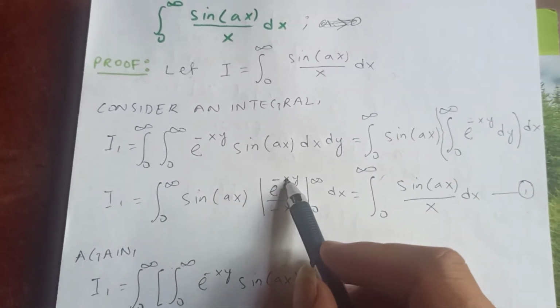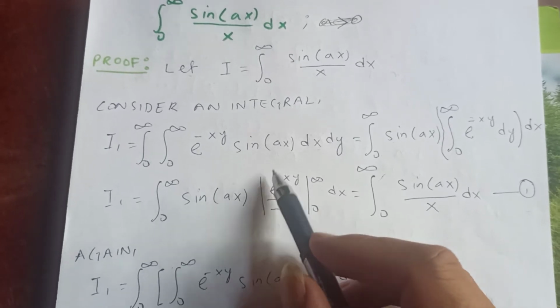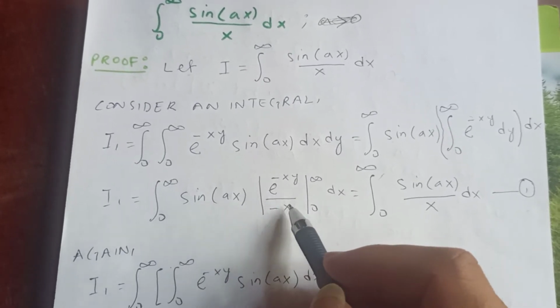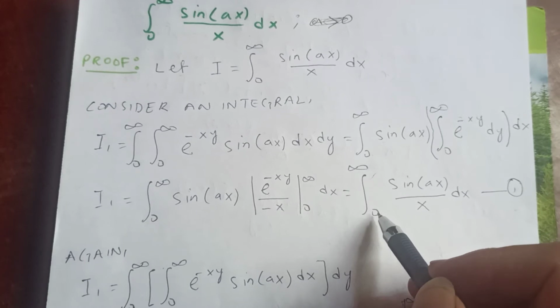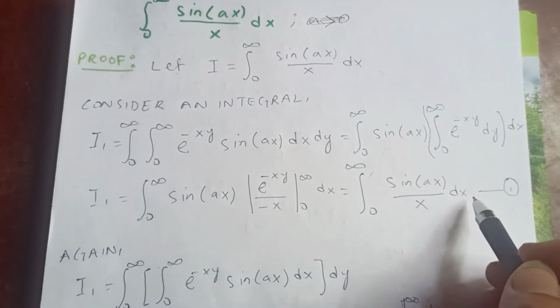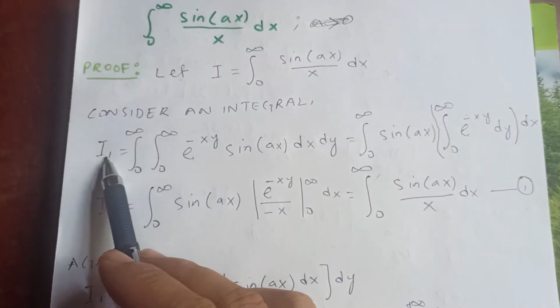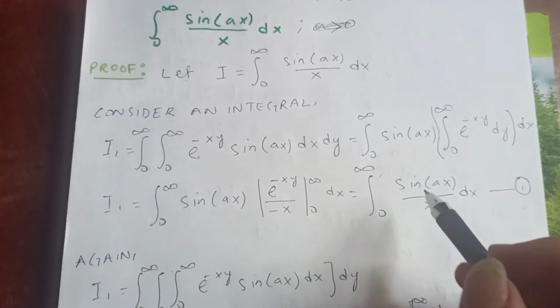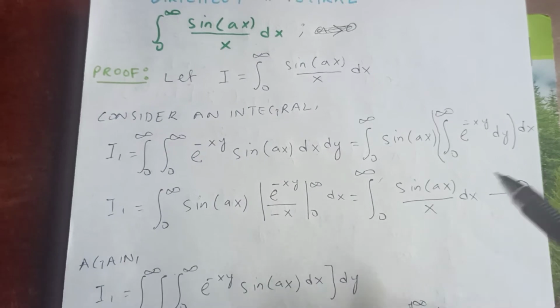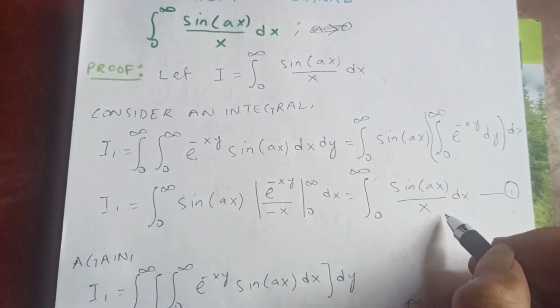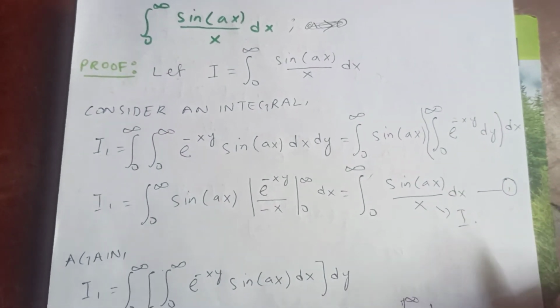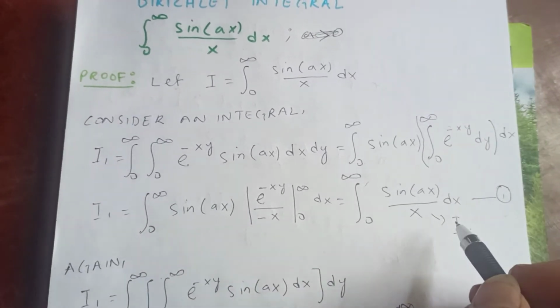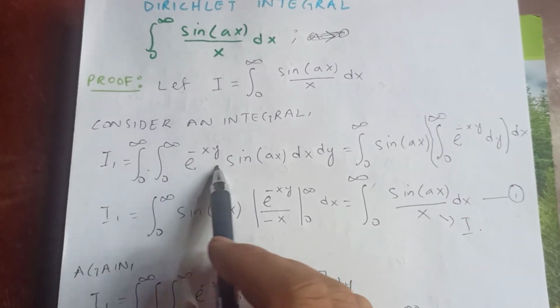If the limit is infinity, this will be 0. If it is 0, this will be 1. That means 1 over x, right? So we get the integral from 0 to infinity of sin ax upon x dx. This is our integral I again, so our integral I is the same as this double integral.